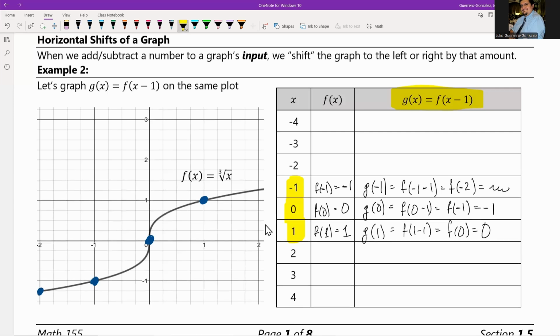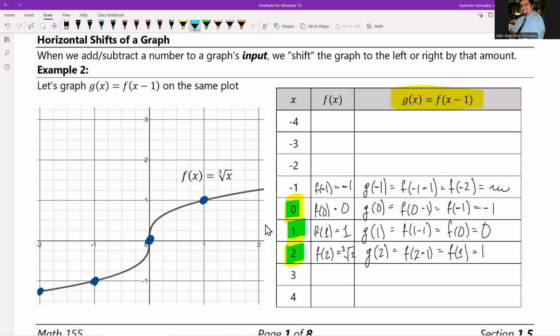And now that we have an order, let's go ahead and do f of 2. That is going to be the cube root of 2. So g of 2 is f of 2 minus 1, which is equal to f of 1, which is equal to 1. So I actually highlighted the wrong couple points. I actually wanted to do just 0, 1, and 2. So let's look at 0, 1, and 2.